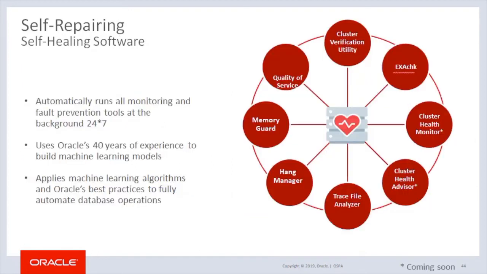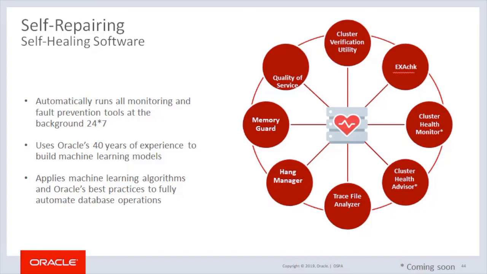The self-healing software automatically runs all monitoring and fault prevention tools in the background 24 hours a day, 7 days a week. It uses Oracle's 40 years of experience to build machine learning models to make sure they monitor the system and make sure the system is providing the maximum availability and healing.